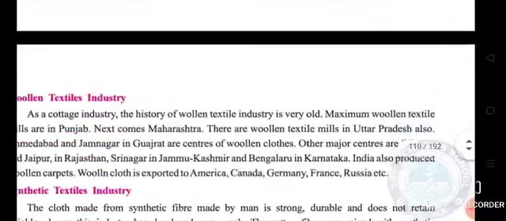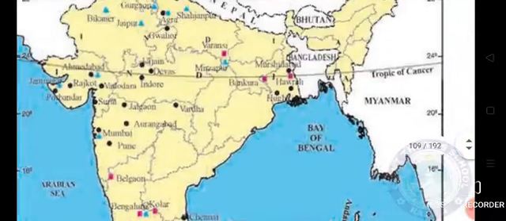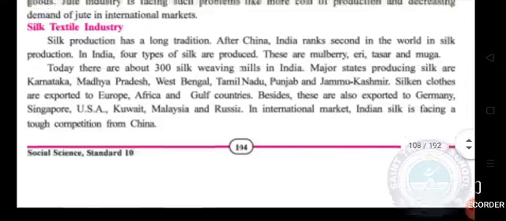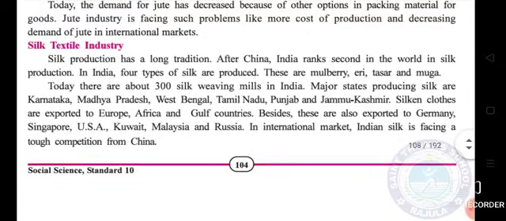Here also we are facing some problems, because China also produces the best quality silk, as we already said. China is in the first place, and second is India. That is why we have some competition with China.